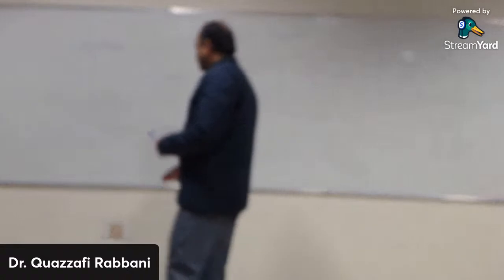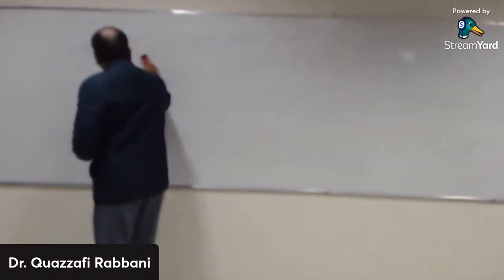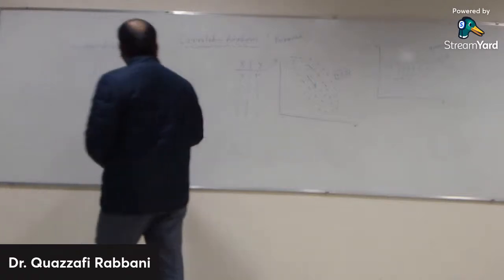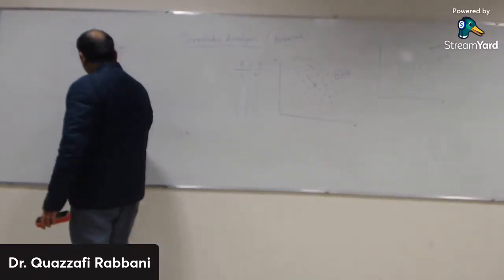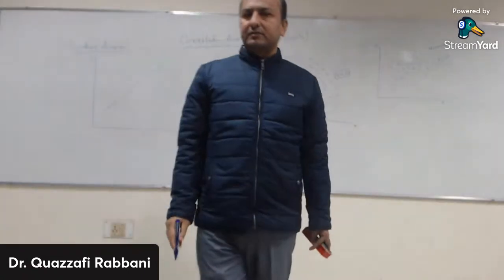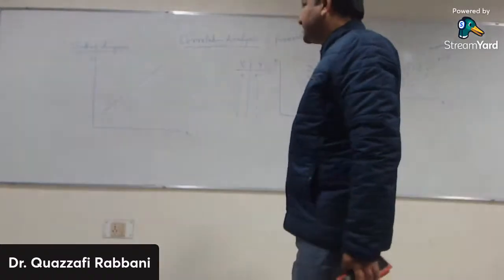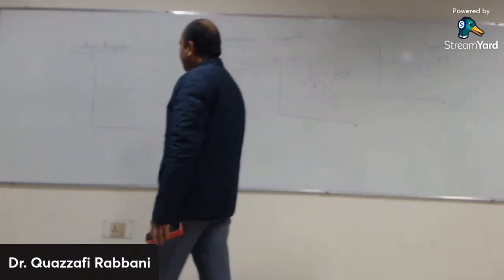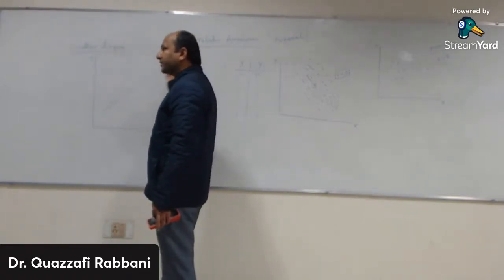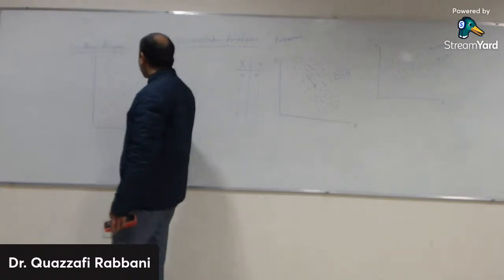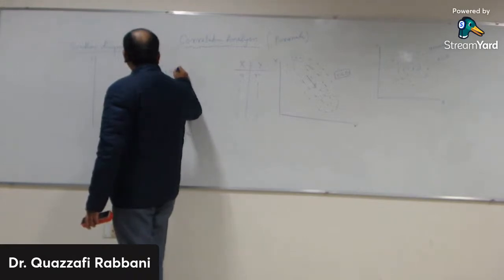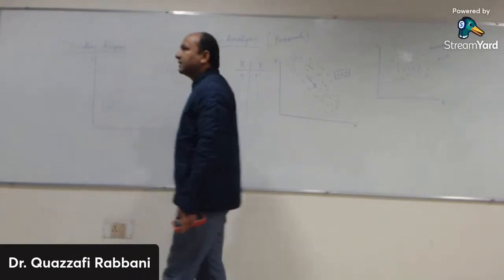Now if you plot X and Y and it gives you a straight line, not scattered values, this straight line is also going upward, meaning X is increasing, Y is also increasing. So here the value of R is plus 1, positive 1.